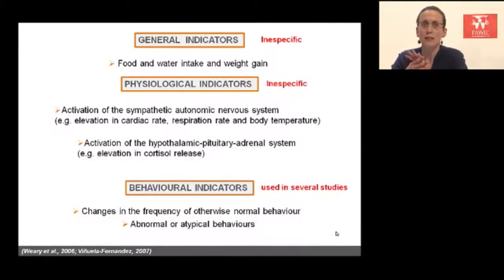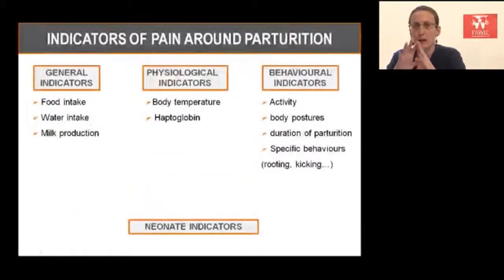So now the idea is to take these different kinds of indicators and put some examples at parturition level. Here we propose that for general indicators, in order to assess pain during parturition, we can observe food intake, water intake, and milk production.